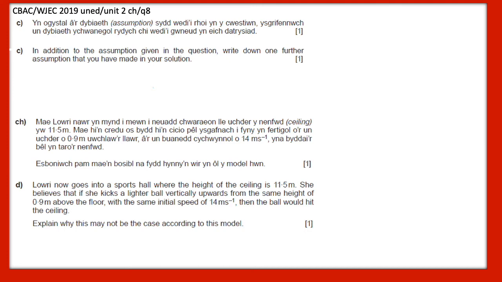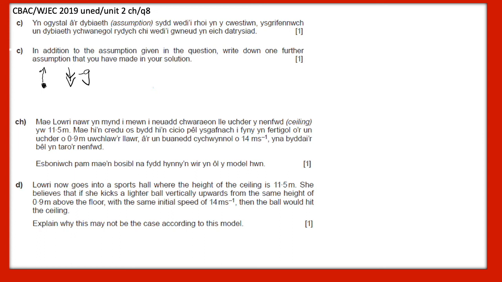Now, again, I've got writing going on here, but I'm not going to do any. When I was drawing my diagram, I drew the object as a particle, and I assumed that the gravity was always the same.